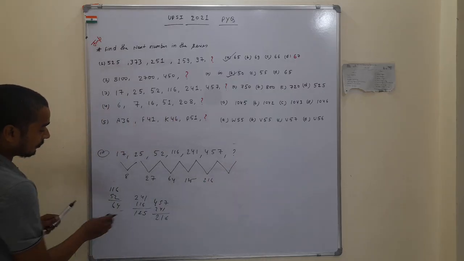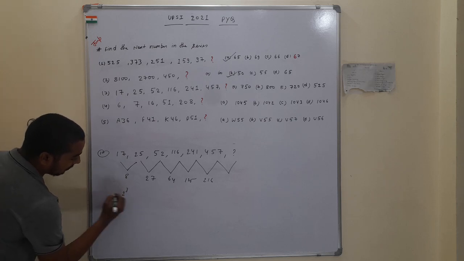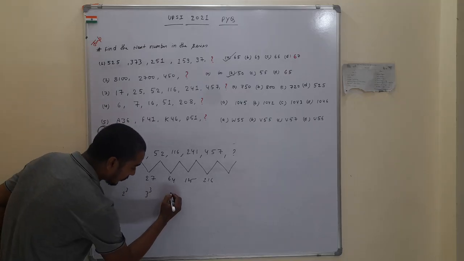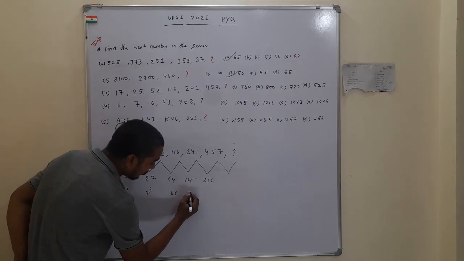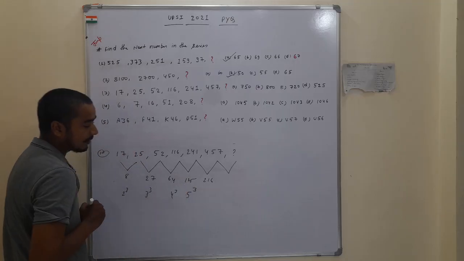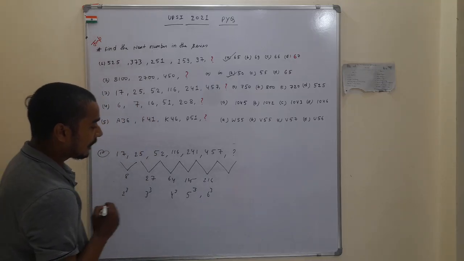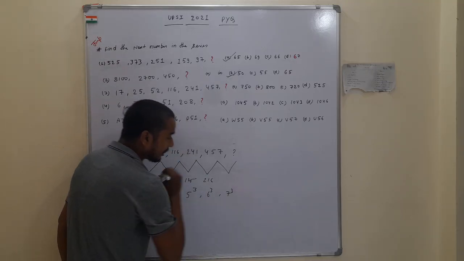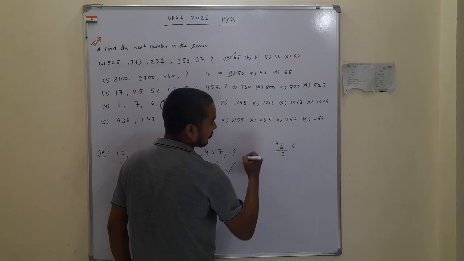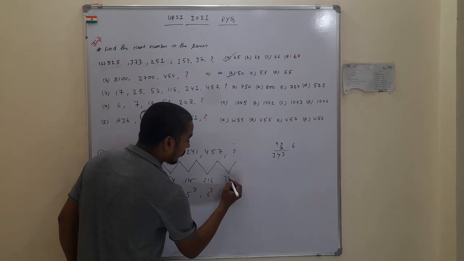So we look at the sequence. The cube of 2 is 8. The cube of 3 is 27. The cube of 4 is 64, the cube of 5 is 125, and the cube of 6 is 216. Then the cube of 7: 7 sevens are 49, and 49 sevens are 343. So we write 343 as the difference.